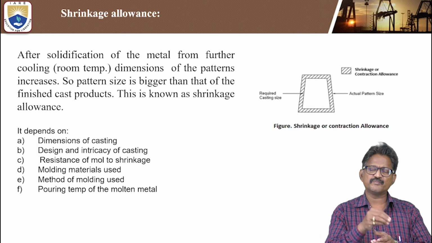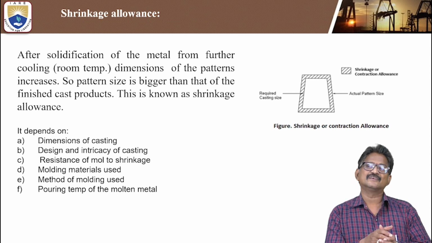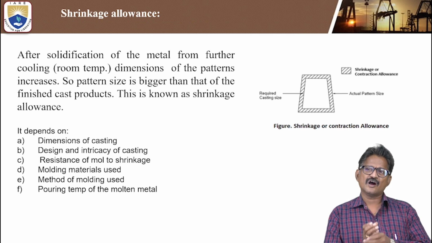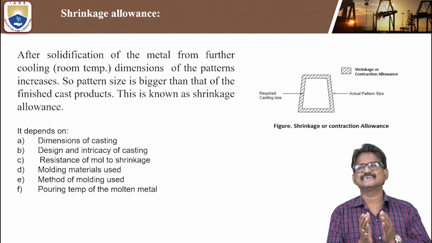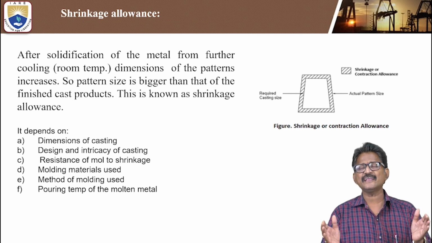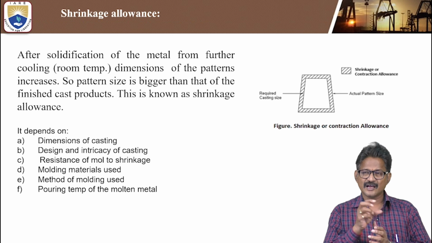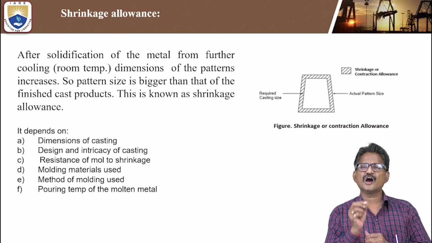When you pour water also, it may shrink depending upon the material. So obviously in metal casting also, after preparation of the molten metal, when you pour it into the mold cavity, immediately it will shrink. Shrink in the sense it may expand or it may contract. So depending upon the application of the casting, we should provide the appropriate amount.